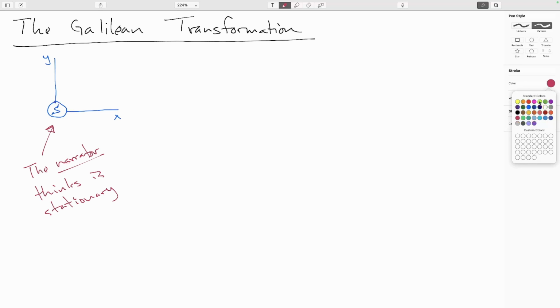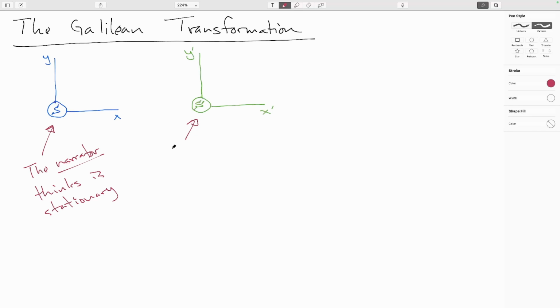Now, our other observer in the problem, like in the case I was just talking about, you've got a person sitting by the riverside and they see a boat going down the river. Our other observer, the one in the boat, who the narrator is thinking of as moving, we call that observer S prime. They're carrying their own coordinate system with them, and we call those coordinates X prime and Y prime.